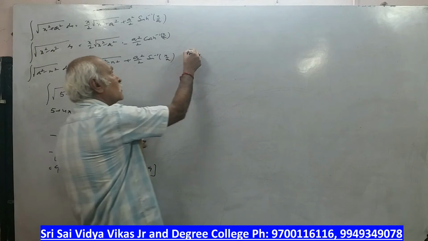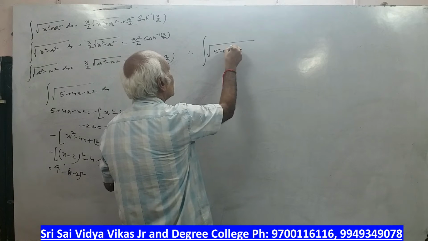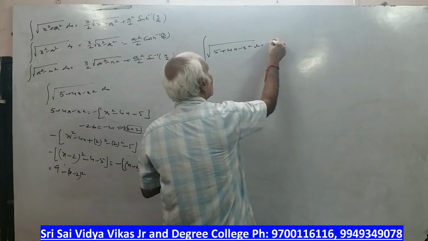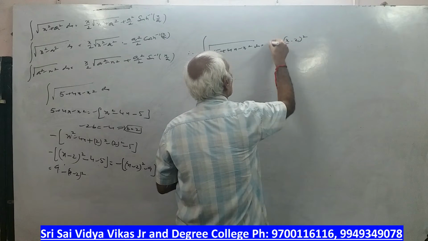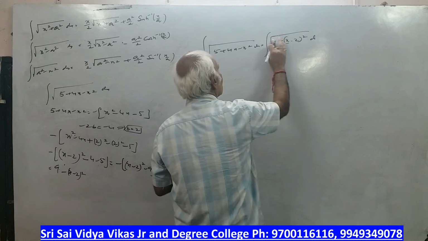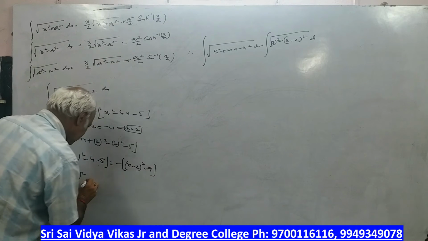Therefore, integration of root of 9 minus x minus 2 whole square under root. Which formula will come? This is nothing but 3 square. Okay, 9 can be written 3 square.